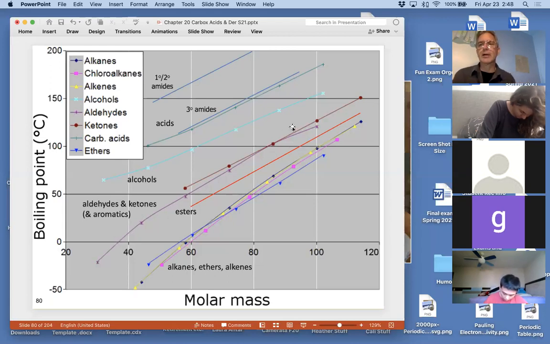So for aromatic compounds, the London dispersion force is comparable to dipoles in ketones. Okay, then come the alcohols, then come the carboxylic acids and the tertiary amides, which are fairly similar. And then the primary and secondary amides are the record winner in the functional groups we'll look at.